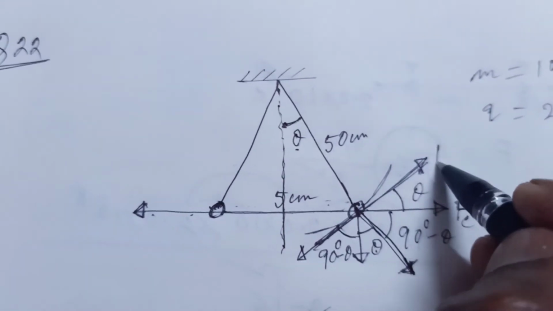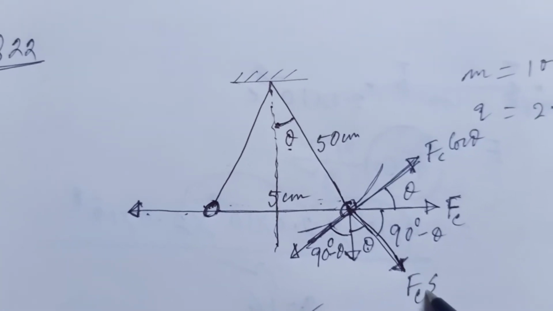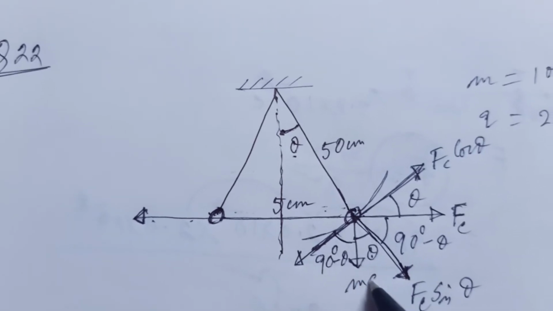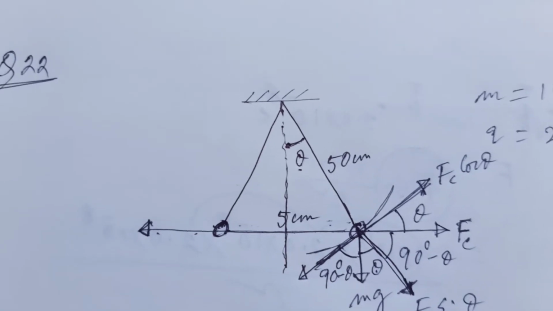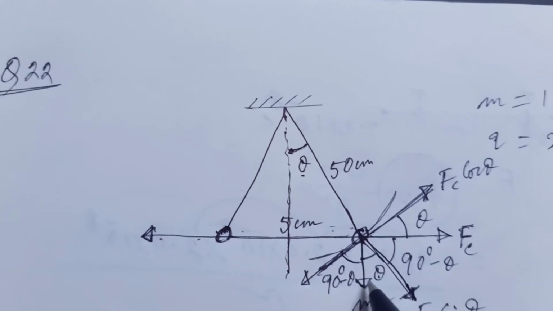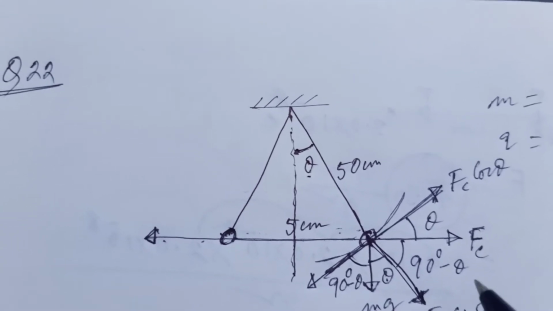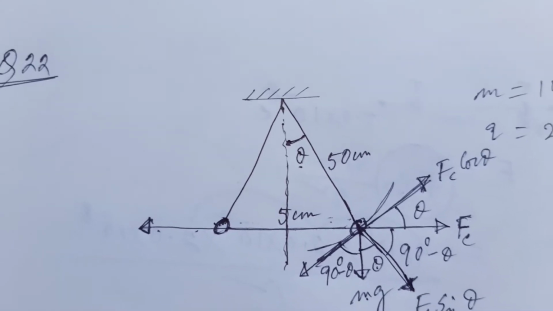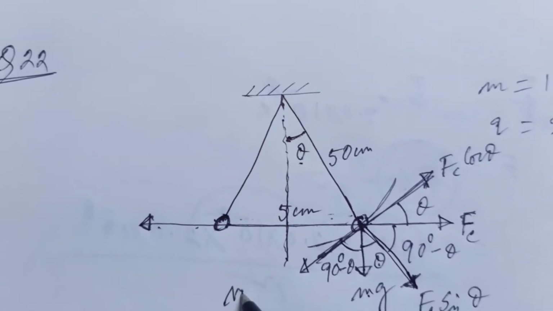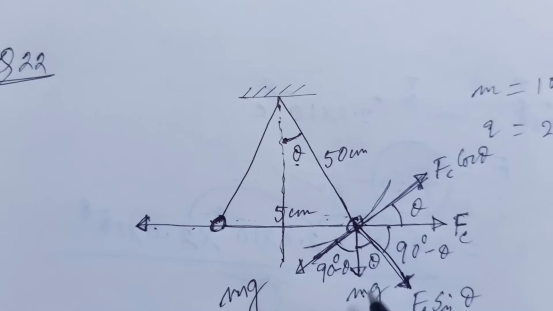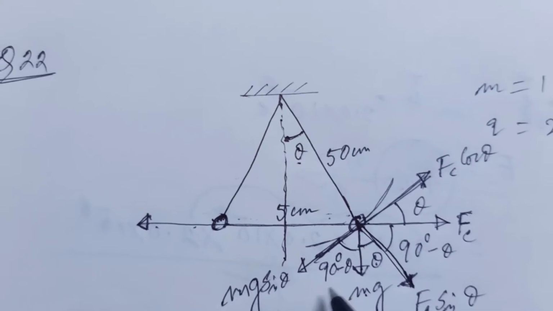So this is FC cos theta, and this is FC sin theta, this is mg, this is mg cos theta, and this is mg sin theta, or mg cos (90 degree minus theta).